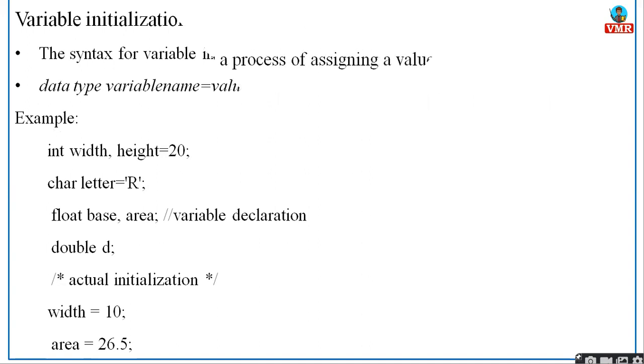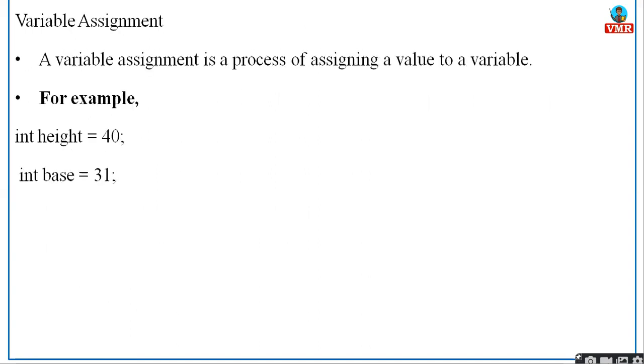Okay. And then next comes variable assignment, right? Variable assignment is a process of assigning a value to the variable. So here what we will do is, actually now this I have to change. For example, int height is equals to 40 I had given, right? So it is not actually that one.